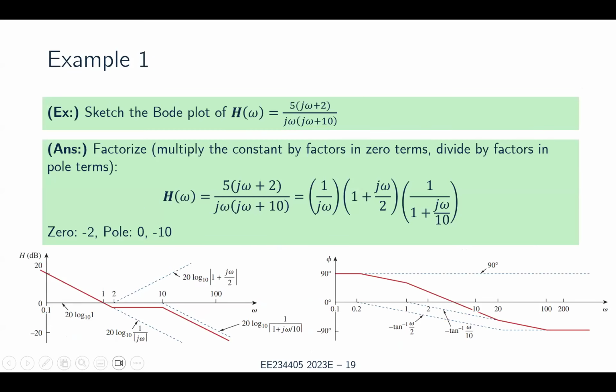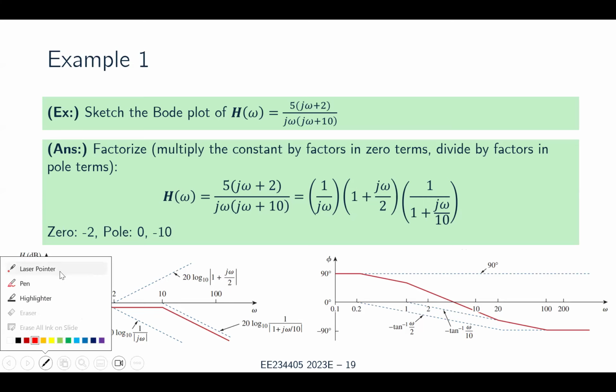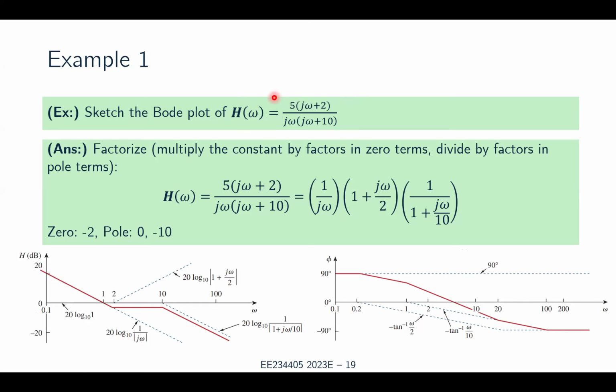Okay, so this is one example of the Bode plot. We are asked to sketch the Bode plot of H, which is 5 times (j omega plus 2) over j omega times (j omega plus 10). So the first step is we factorize the transfer function. One trick is we multiply the constant by the factors in the zero terms, and then divide by the factors in the pole terms.